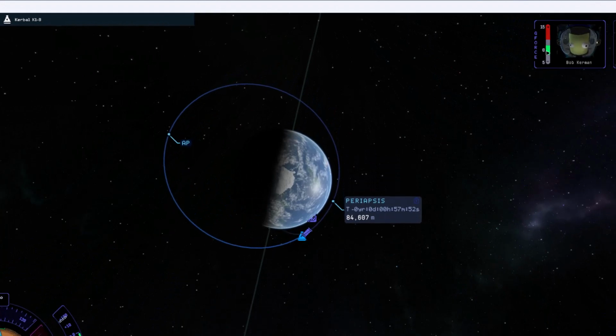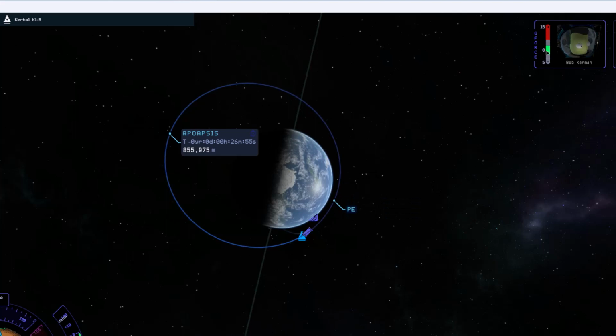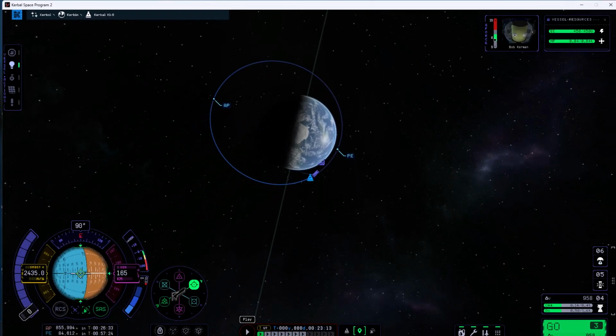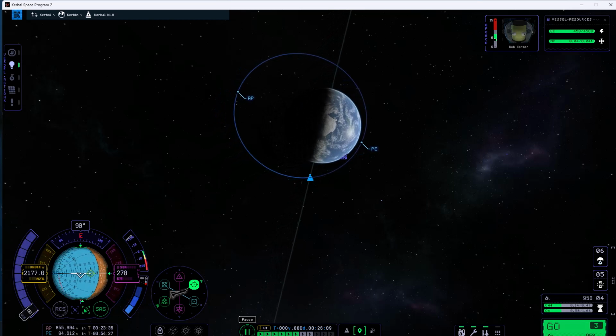Okay, so here's the orbit, 84,607 meters for the periapsis and about 855,975 meters for the apoapsis. Well, the idea now will be just to take two measurements at two different points during this orbit.